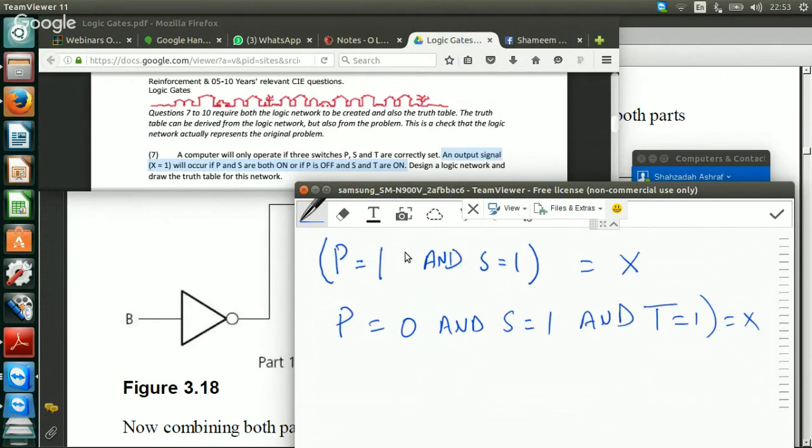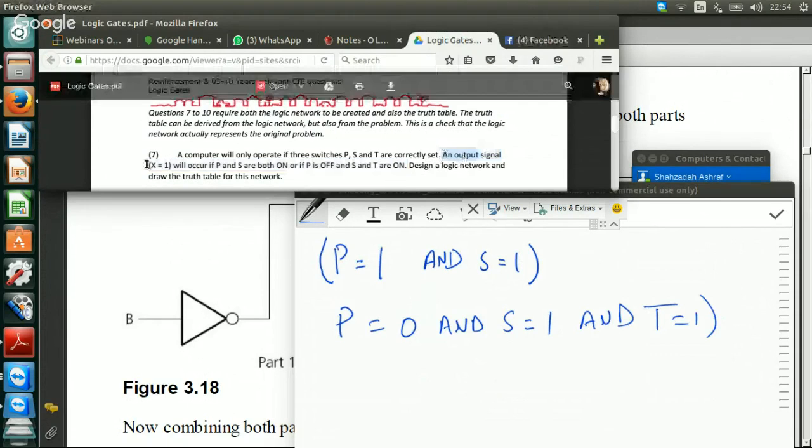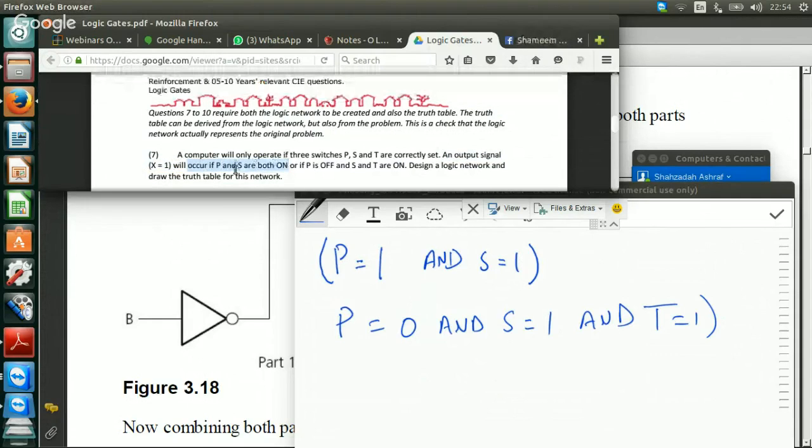There are two ifs, we have written two equations, but definitely we can also combine the equation. And how's that? If it's not getting confusing for you, just forget about this thing and just write, looking to this whole statement, X to 1, P and S are both on. If P is equal to 1 and S is equal to 1, or there is something in between this thing, then another if P is off and S and T are on.